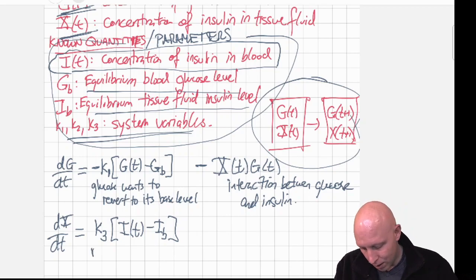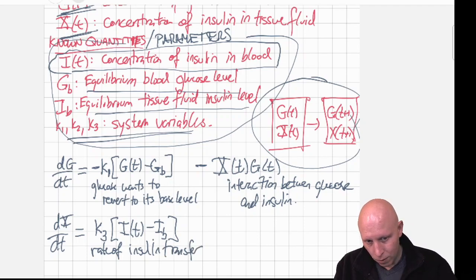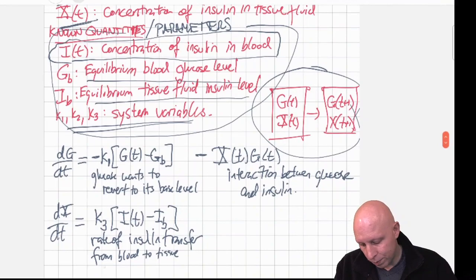So this is the rate of insulin transfer from the blood to the tissue, due to the blood insulin level.